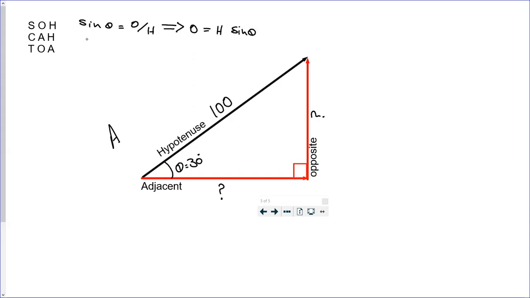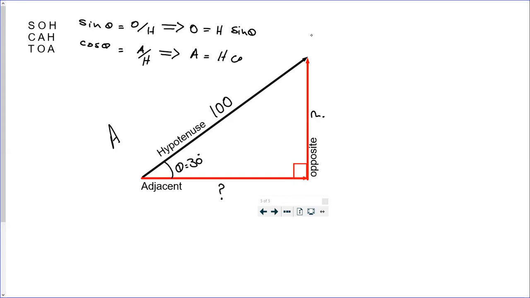Is that right? In exactly the same way, the bottom formula is for cos theta. Cos theta equals adjacent over hypotenuse, so if we rearrange it, adjacent equals hypotenuse times cos theta.